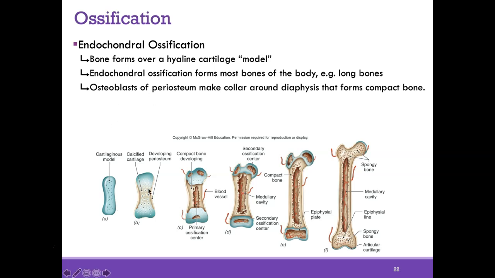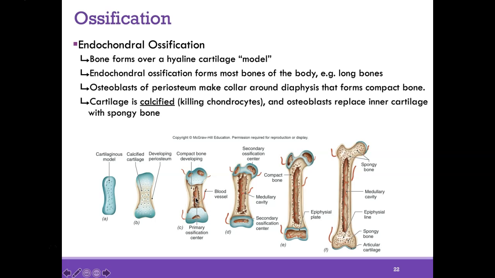Osteoblasts of the periosteum can make a collar around the diaphysis that starts to form compact bone. So cartilage becomes calcified, which hardens it. And around the diaphysis, we start seeing compact bone developing. And as the cartilage is calcified, it is being killed. So chondrocytes, which are cartilage cells, are being killed.